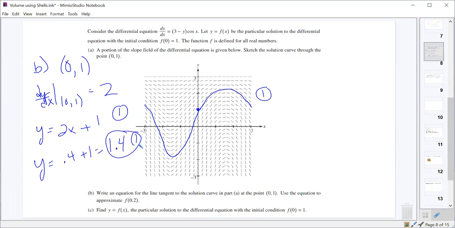And that is your third point there. 1 for A, 2 for part B, leaving you with 6 points for part C. That's pretty good, huh?